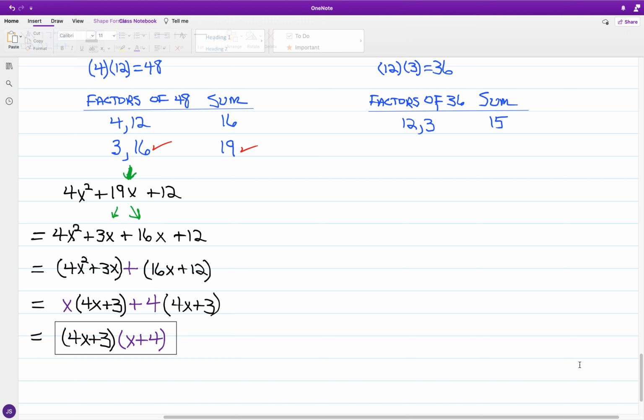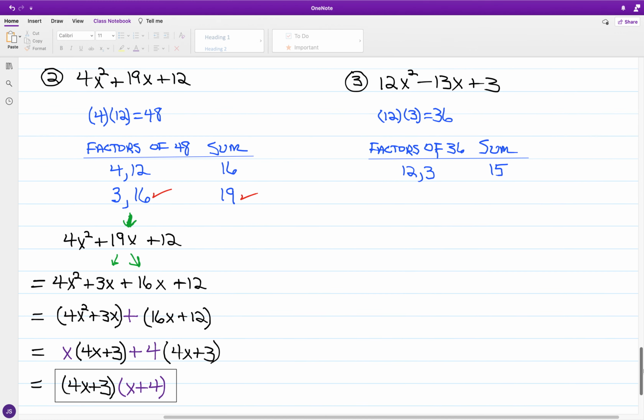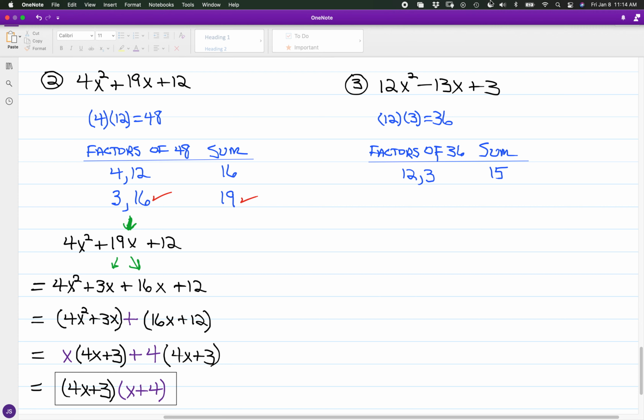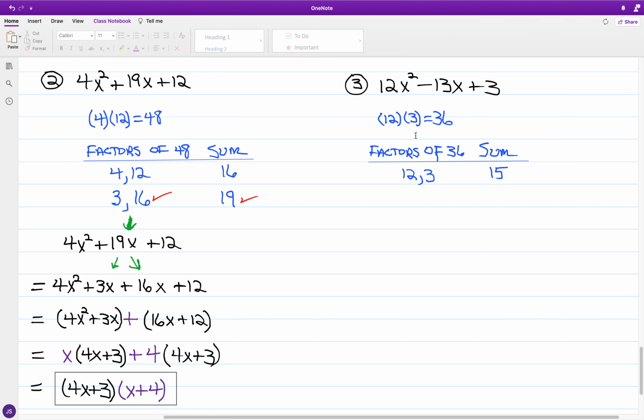All right, and for the third item, we have 12x squared minus 13x plus 3. Now again, multiplying the first and the last coefficients, we have 12 times 3 is 36, and those factors add up to 15. Now we're looking for a combination that will add up to negative 13 instead.